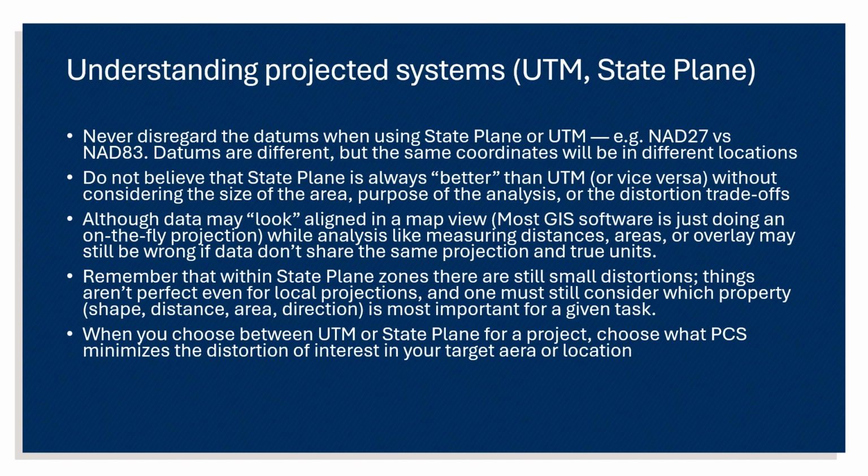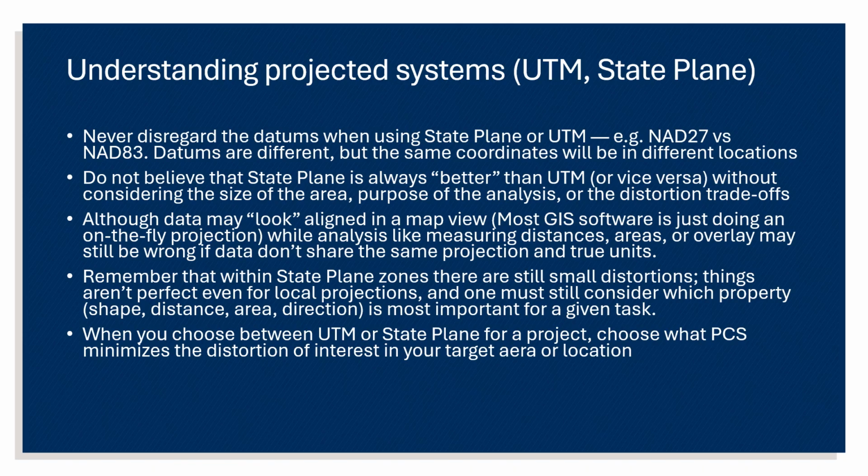So if you have one dataset that's in UTM NAD 27 and one that's in UTM NAD 83, and you have a particular numeric set of coordinates, and you put those coordinates in each of those datasets, they're going to be in different places because the datum is different, and the datum is what we draw those lines of longitude and latitude on, which are the basis for the PCS.